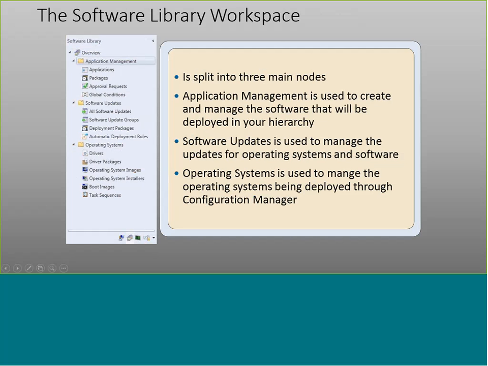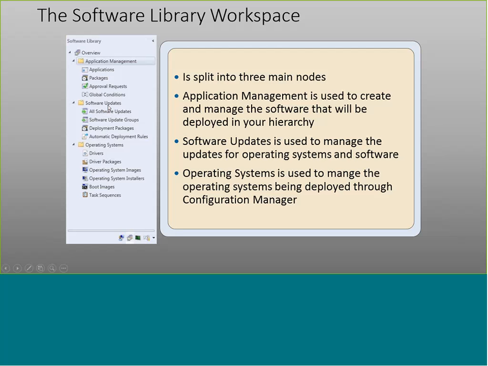The software library workspace, the most thrilling one, the trickiest one, is split into three main nodes: application management, software updates, and operating systems. So application management, of course, you know that from here we can deploy all the applications. I already have uploaded the MSI packages there, but we're going to go first for the easier one, then the difficult one.